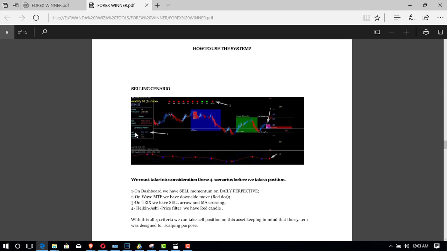So as you see, in the day we have buy, that is volatility 10 index. On the move, we have consolidation, we have yellow color. That yellow color means that the market is in consolidation, on number 2.